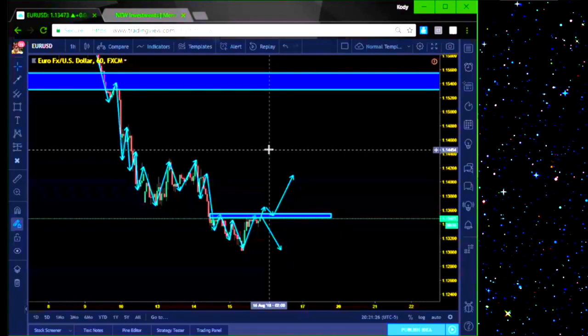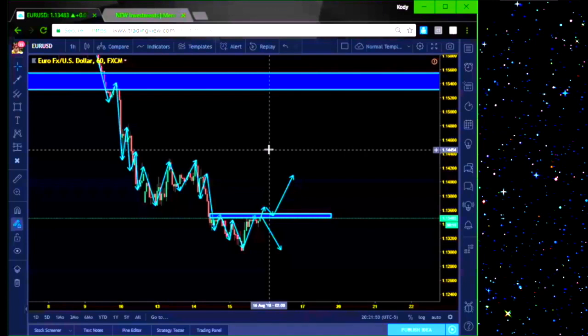The people who tell you the market's going to do this for sure, those guys don't know what they're doing, because you can't predict or tell the market what it's going to do. I'm not going to come on here and say, EU, you're going down. I'm going to blow my account.